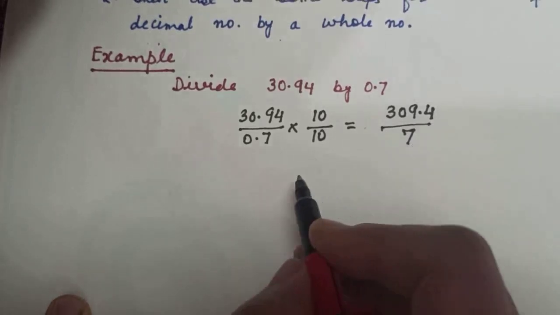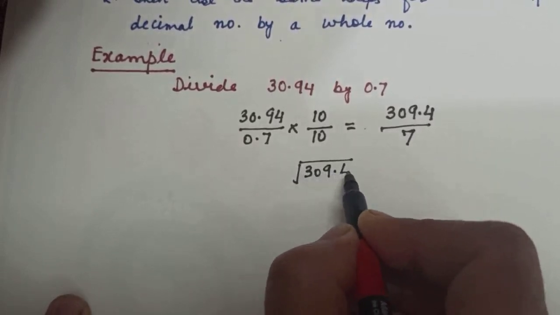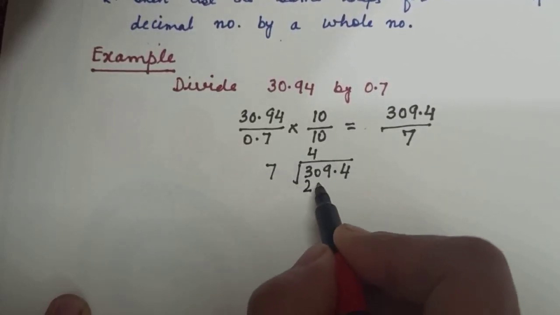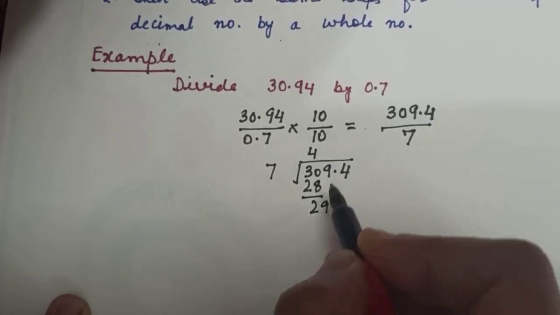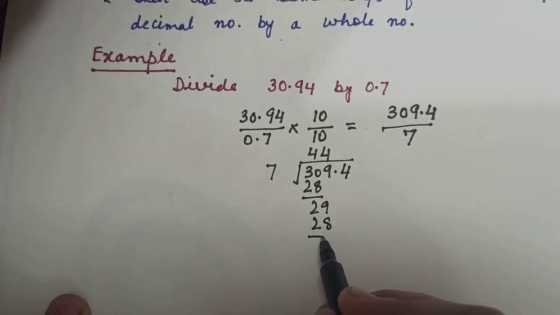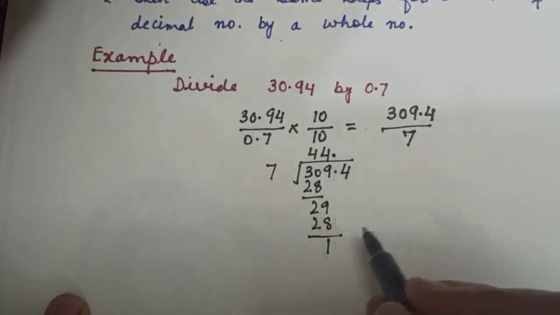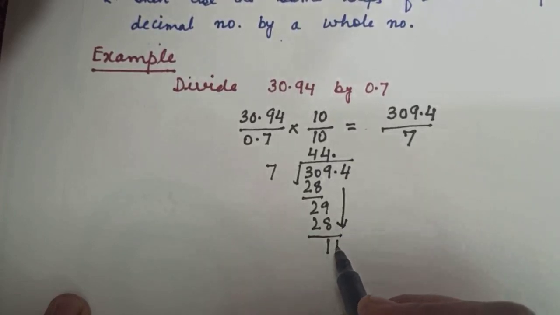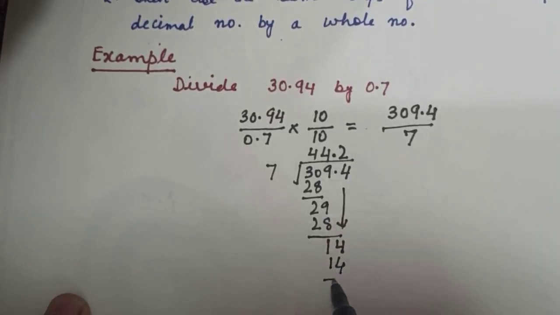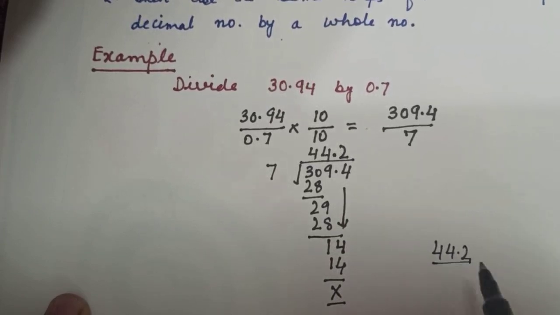That is a whole number. Now we will divide it like we did in the previous method. 7 4s are 28, 2 9, again 7 4s are 28, 1 remainder, but after this we got here the decimal, so the decimal will come here and we will bring this 4 down. We get here now 7 2s are 14. Alright, so your answer is 44.2.